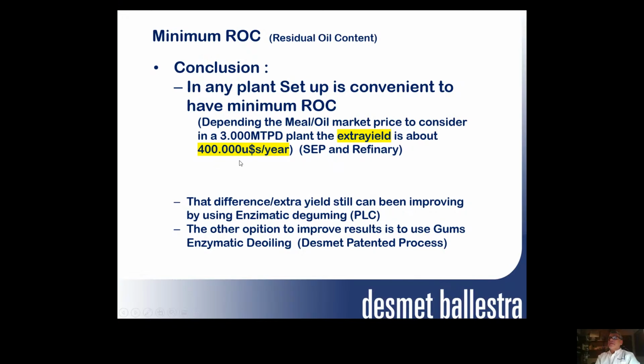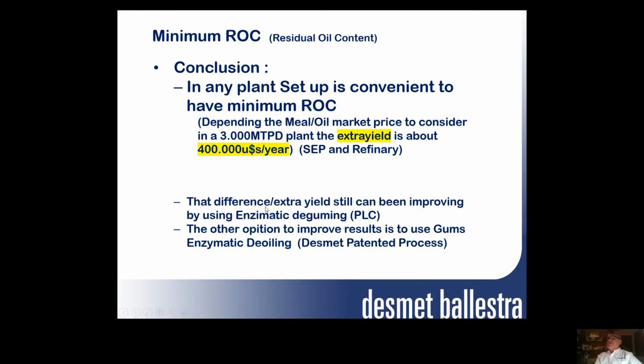So it is clearly a benefit. Trying to answer the question of whether it's convenient or not to use the lower residual oil content in any plant: in any plant setup, it is convenient to have the minimum residual oil content, no matter if it is only an extraction plant or an extraction plant plus refinery.